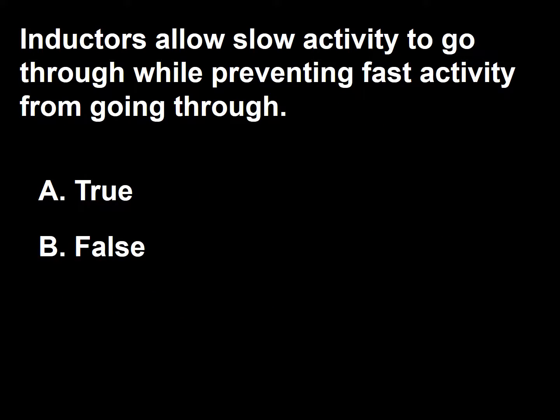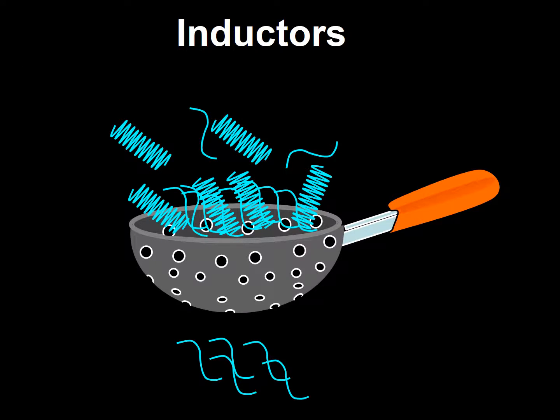Next question. Inductors allow slow activity to go through while preventing fast activity from going through. A, true, B, false. Inductors behave as filters, allowing slow activity to go through while blocking fast activity.